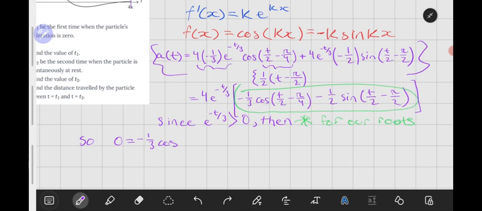Instead, we're looking for what the cos function and the sine function terms do, and in what case they make our function equal 0. So this is what we're focused on now to find our roots. So we can say that 0 is equal to negative 1 over 3 cos(t/2 - π/4), minus 1 over 2 sine(t/2 - π/2).